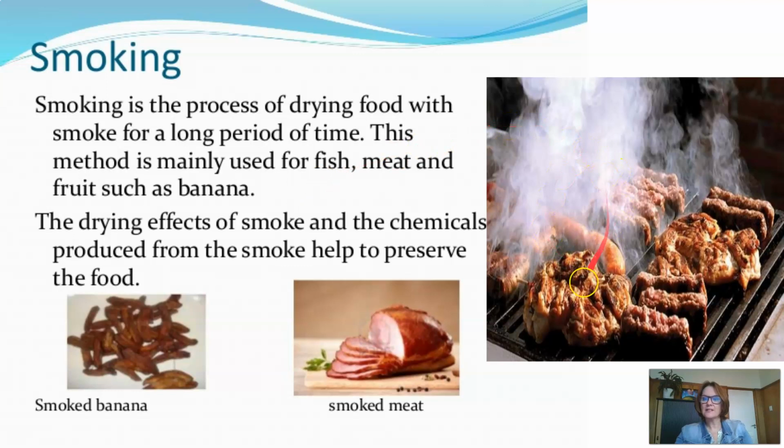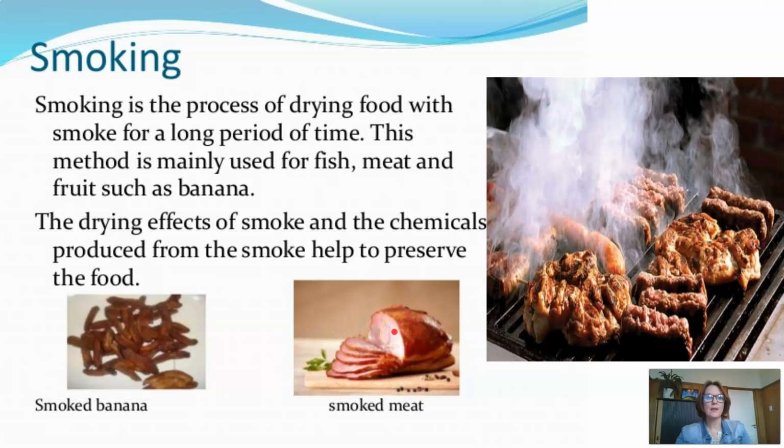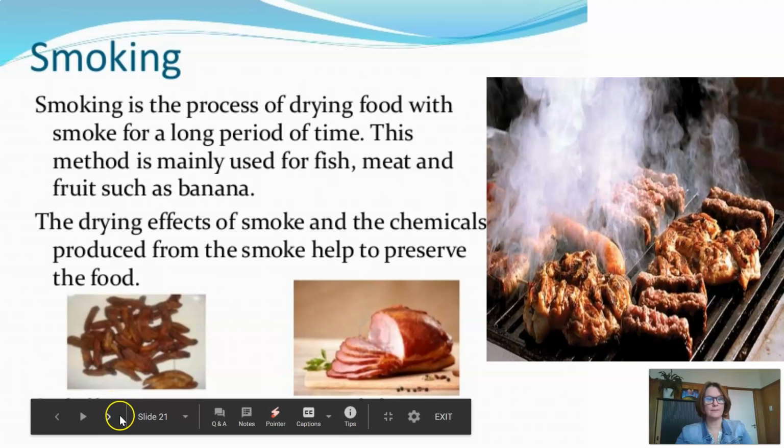Here we have a lovely smoky braai going on in the background, and we have some lovely dried meat, and who doesn't love a smoked gammon at Christmas time? The drying effects of smoke and the chemicals produced from the smoke help to preserve the food and also make it last longer.